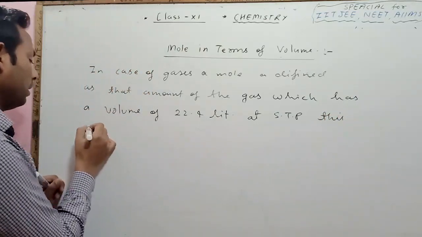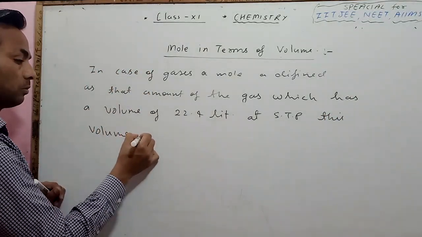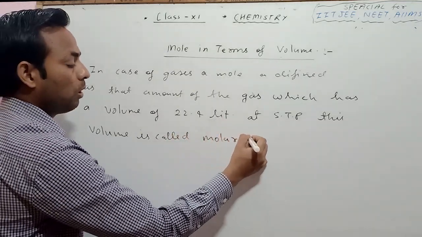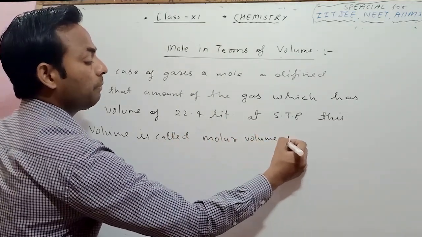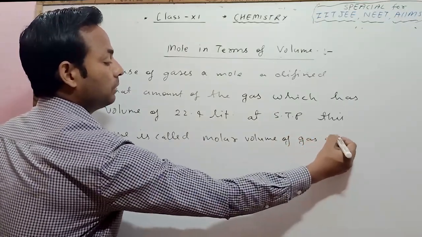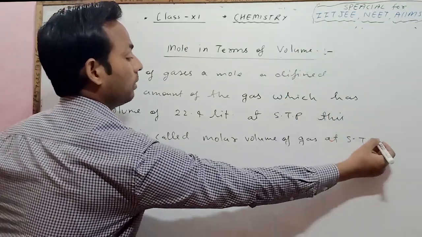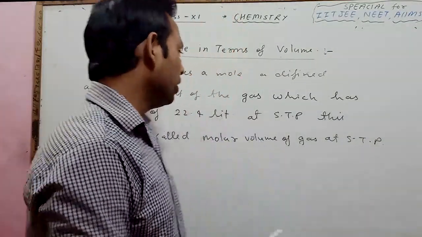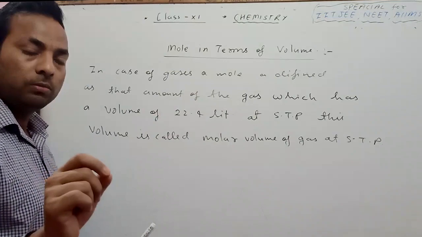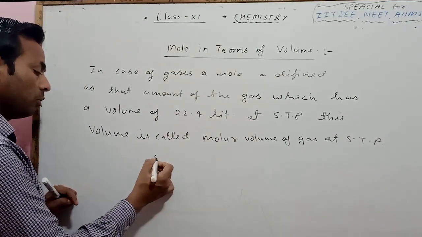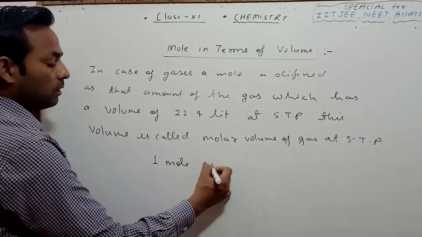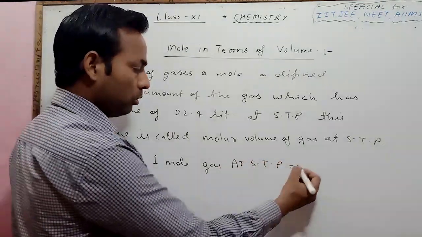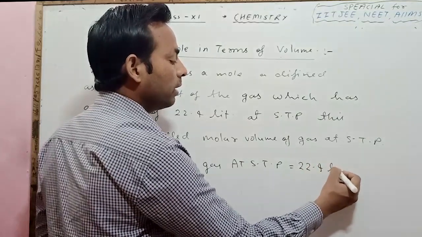This volume is called the molar volume of gas, molar volume of gas at STP. So 1 mole of gas always occupies 22.4 liter volume. So 1 mole gas at STP we can write equal to 22.4 liter.